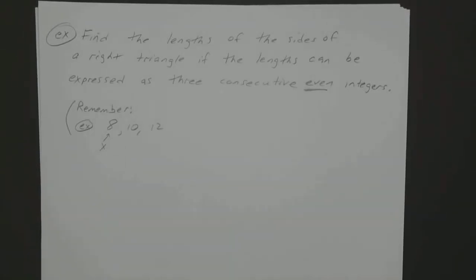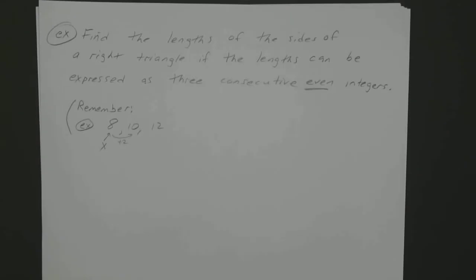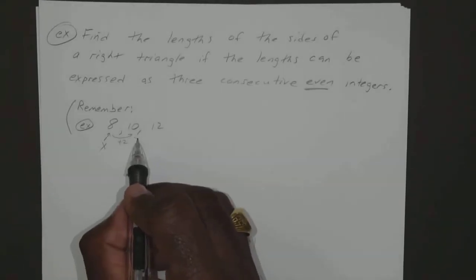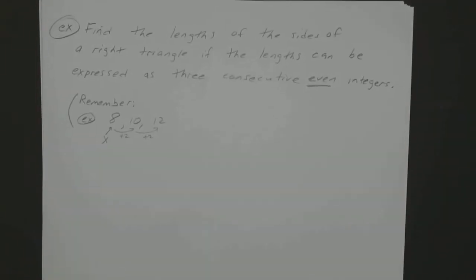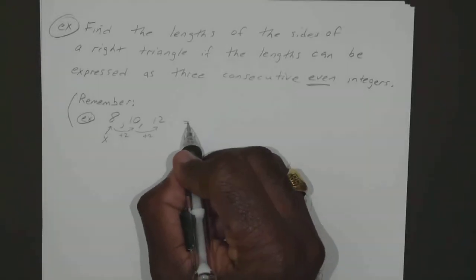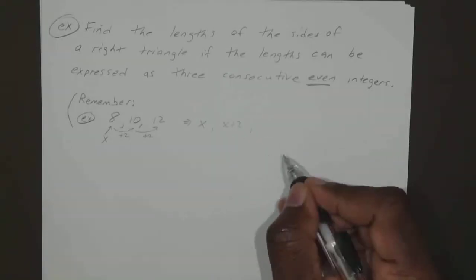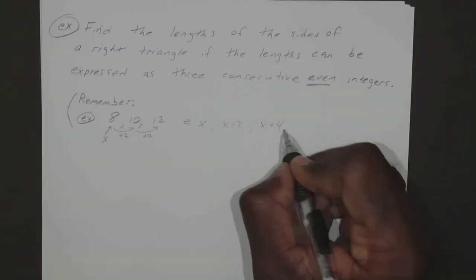This is your x, wherever you start. To move to the next one, you go up 2, and to move to the next one, you go up 2 more. So 3 consecutive even integers is x, x plus 2, and x plus 4.